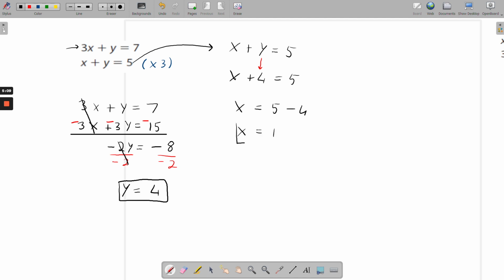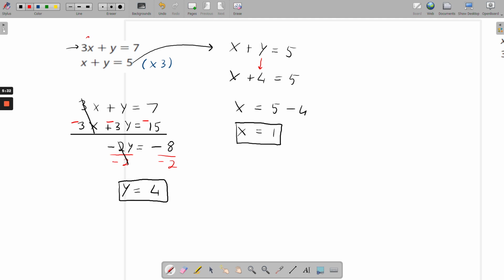Now this is not a necessary part of this, but just for the sake of showing you what's happening here, we're going to actually put these numbers, x is equal to 1 and y is equal to 4, up into the two of these equations and see do they work. So if you want to think about it, y is equal to 4, and we'll just write this in red above it. So x is equal to 1.